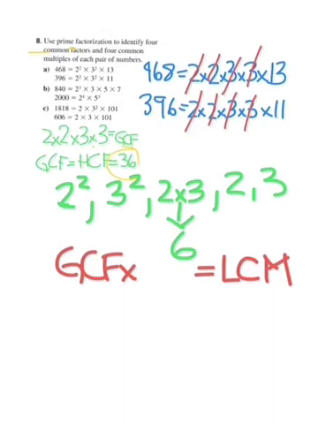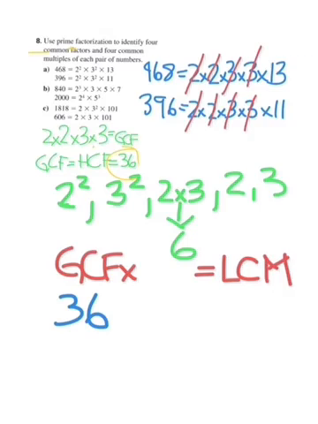So if we use the formula, the GCF in this case, let me use blue now. The GCF we know already is 36, and the numbers they don't have in common are 13 and 11.